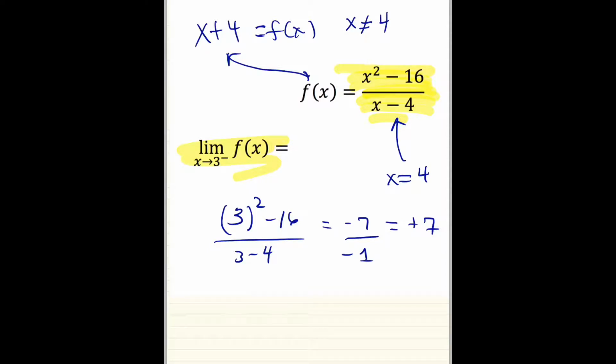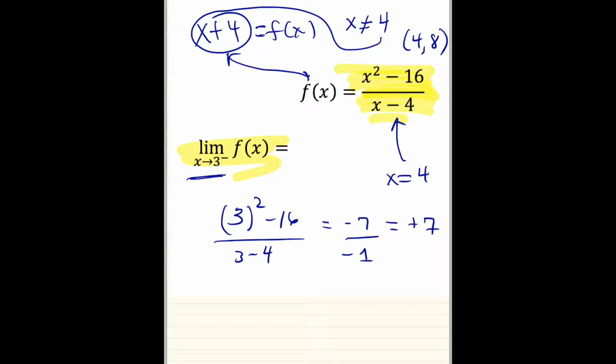Now, when x cannot equal 4, there's a point discontinuity because we were able to factor and cross off. So what is that point? 4, comma, I got to plug the 4 into here, 8. Okay? But that doesn't help in this problem because I'm looking at x approaches 3 from the left.